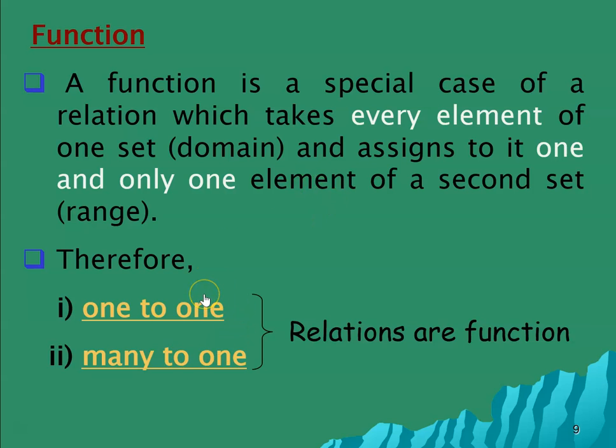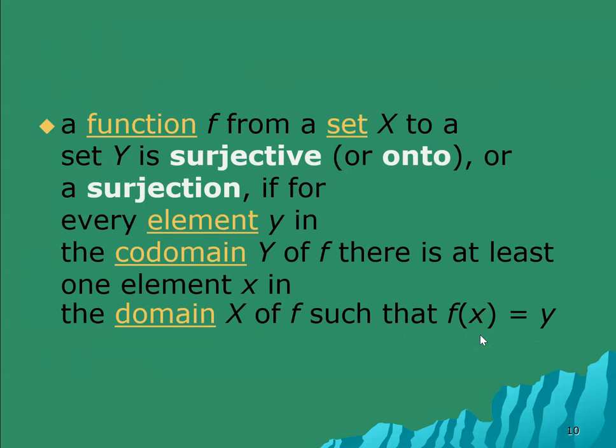So dia cuma pasangkan kepada satu saja elemen dekat range punya set. That's why many to many cannot, one to many also cannot, but only these 2 are accepted, one to one and many to one. So only these 2 relations are functions.